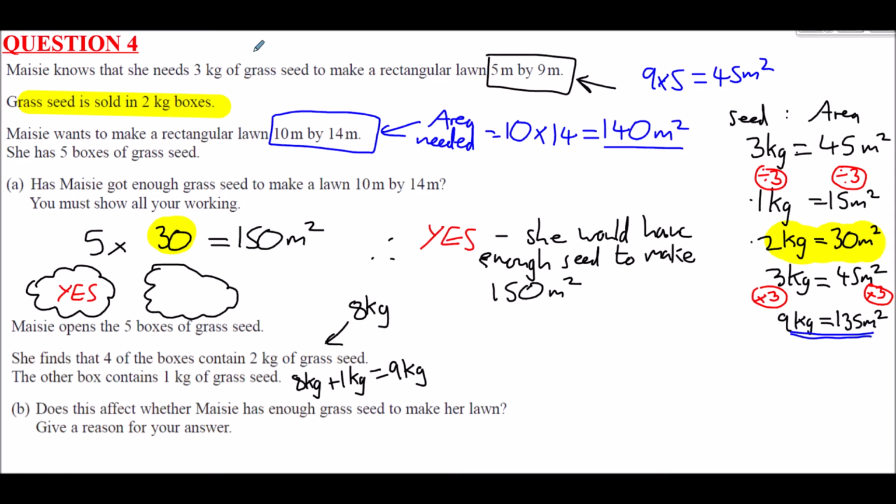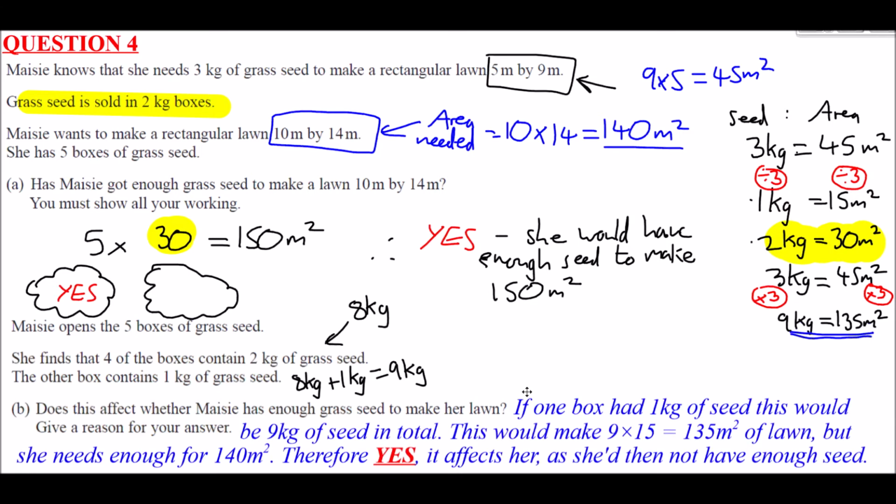So for part A, we said yes, she would, so that would affect her outcome. So wording that can be quite difficult, and I don't think it's an easy question to answer with a very articulate, coherent response. So this is something I've come up with which I think is as good as I could do, really. So you could say something like this.